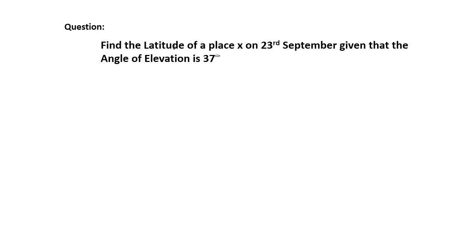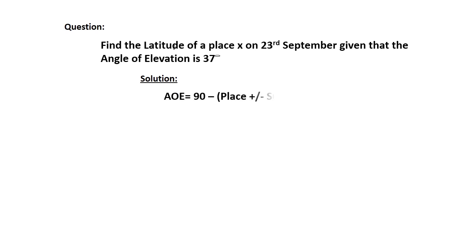Here they have already given us the angle of elevation, and they have given us the date, which is the clue to where the sun is. But they want us to find the actual place. So we are going to use the same formula.